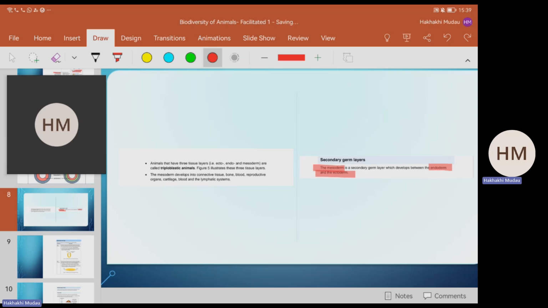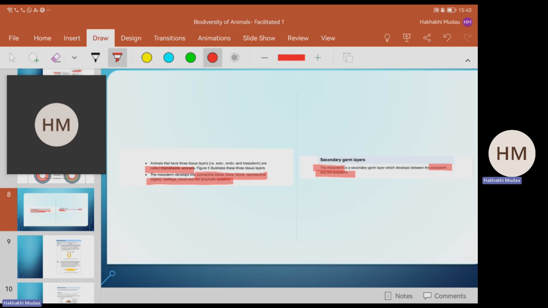I mentioned that animals that have three tissue layers, we refer to as triploblastic, right? And this is where the fact that diploblastic animals cannot form complex organs comes in, because the mesoderm develops into the connective tissue, bone, blood, reproductive organs, cartilage, and the lymphatic system.